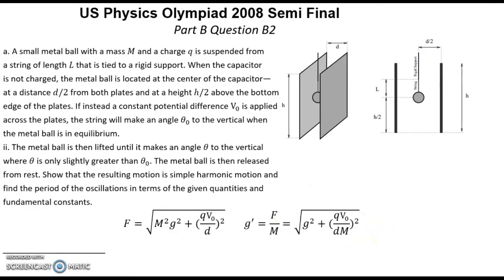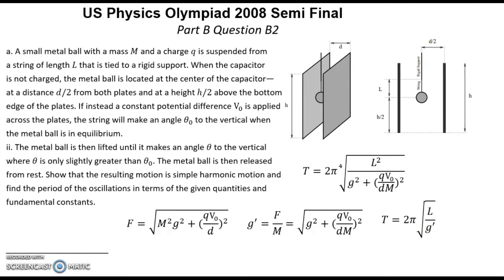And the last thing is we can find the period for a pendulum with length L, and gravity acceleration of free fall, in our case g prime. The period will be 2π root of L over g prime, and now we can substitute g prime here and find the total period.